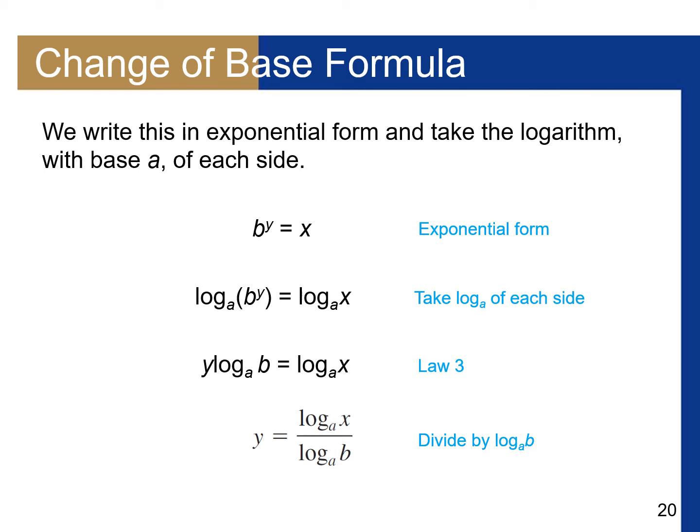So we're taking the log base a on each side. And now we're going to move the y down to the front. And we can divide both sides by the log base a of b, and this is what we would do to change our base.